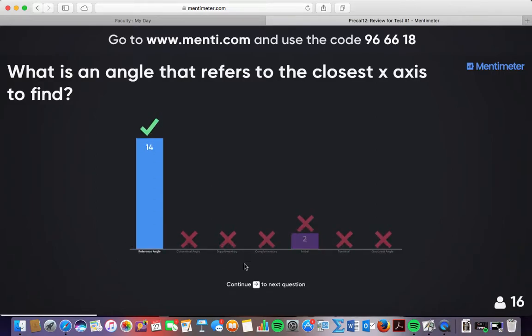Yes, reference angle is correct. Initial, what's initial? It's like the starting one. Exactly. Traditionally, it's at what degrees, Hannah? 0. Good. Nicely done. All right, let's go to the next one.